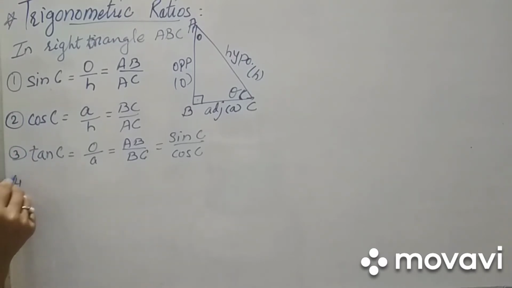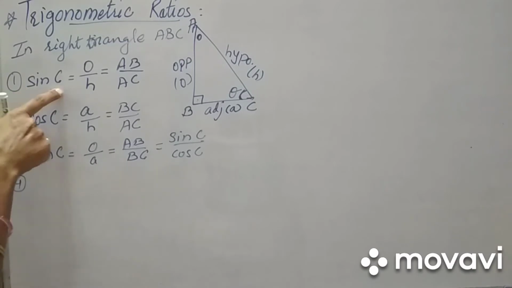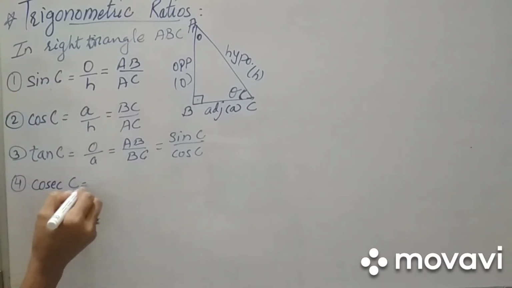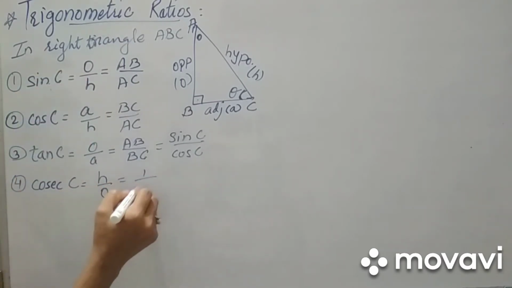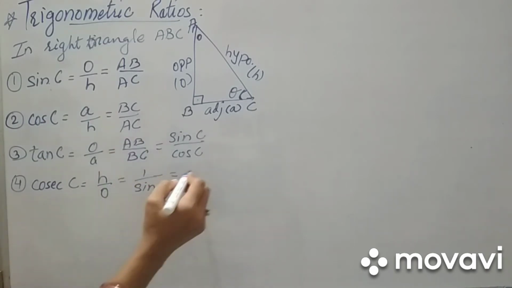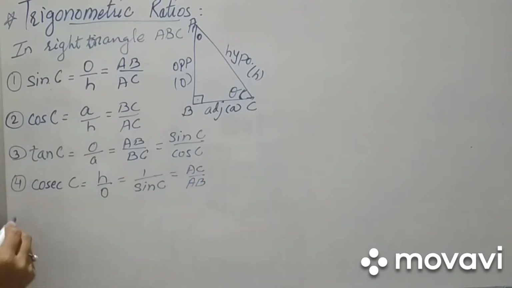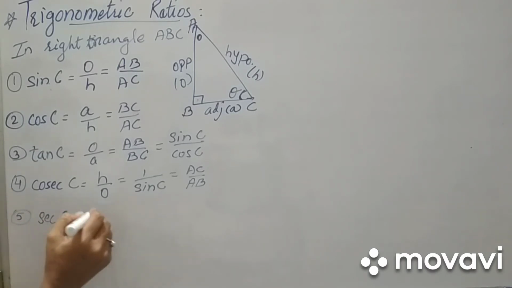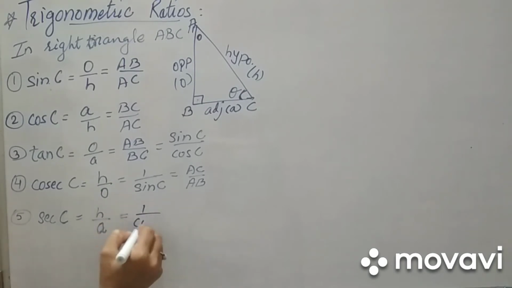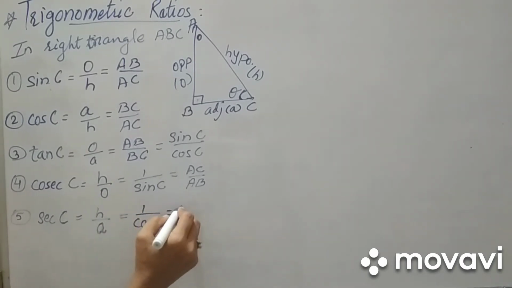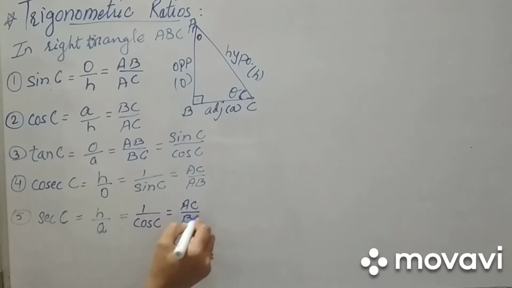The modifications or the versions of these ratios are: fourth, cosec C. It is reciprocal of sin C, means H upon O is equal to 1 upon sin C, and you can see AC upon AB, you get that. Fifth is sec C is equal to H upon A, reciprocal of cos, is equal to 1 upon cos C is equal to AC upon BC.